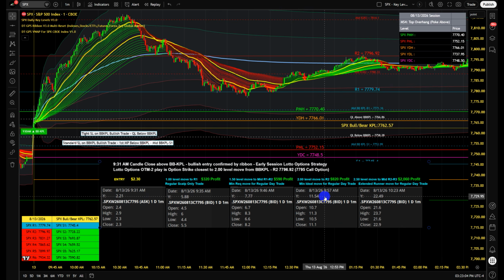That is going to be profit of $820 per option. Extended move, 2.5 level move, 10:23 a.m., bid $22.90. Profit, $2,060 per option on any de-risked runners.